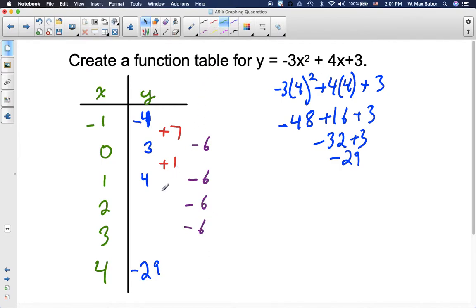The next slope will be down 5, then we'll be going down 11, and then we'll be going down 17. So 4 minus 5 gives us -1. -1 minus 11 gives us -12. And hey, it works out. -12 minus 17 gives us -29. So that's one way to do it.